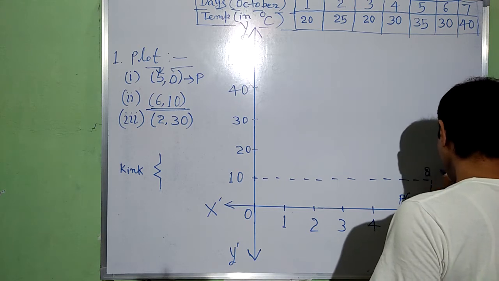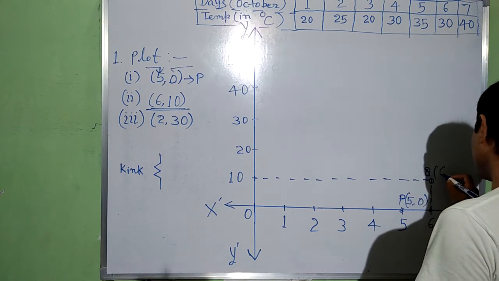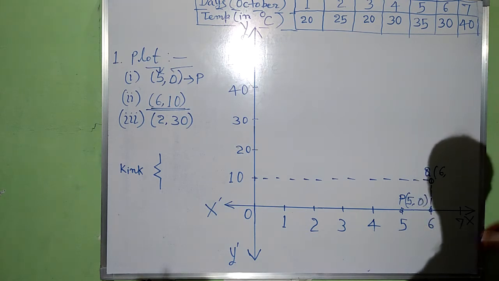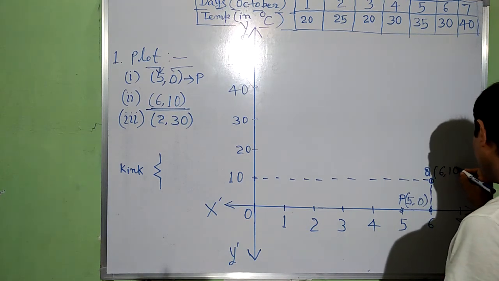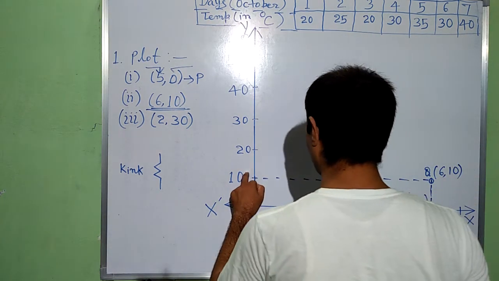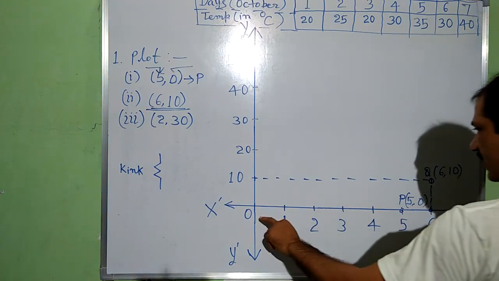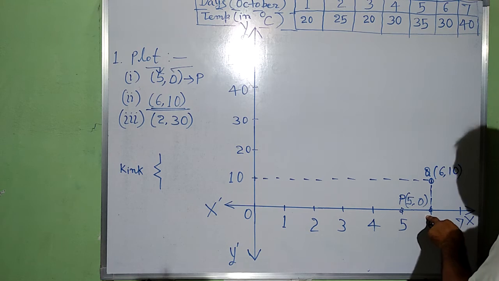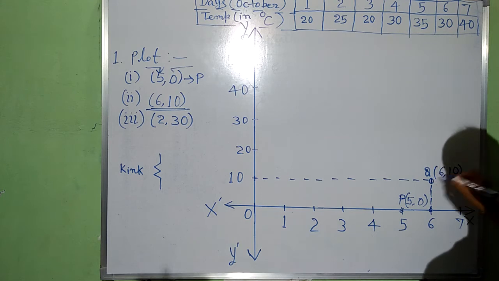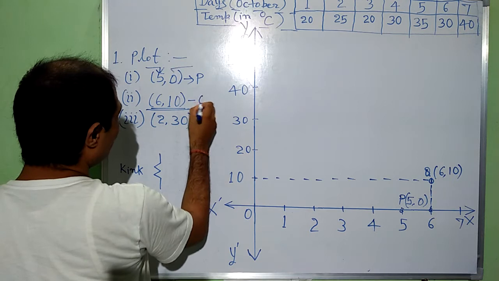Suppose this point is Q. Its coordinate is 6 alongside the x-axis and 10. 10 is the y-coordinate, the distance alongside the y-axis, 0 to 10. 6 is the distance alongside the x-axis and 10 is the distance alongside the y-axis. Suppose this is Q.